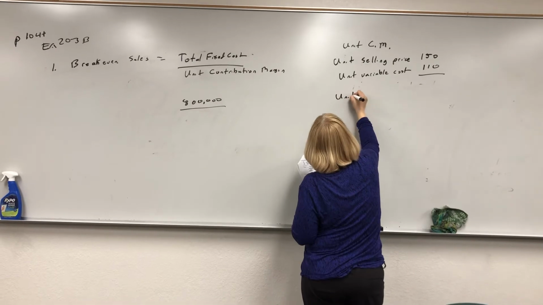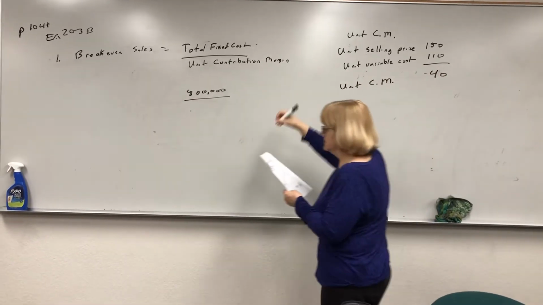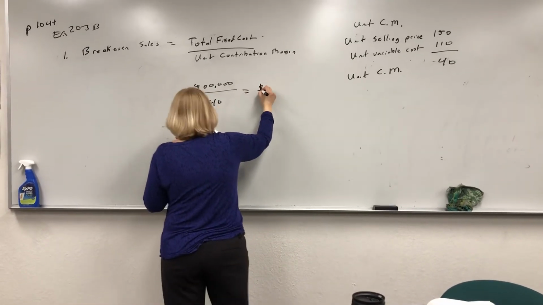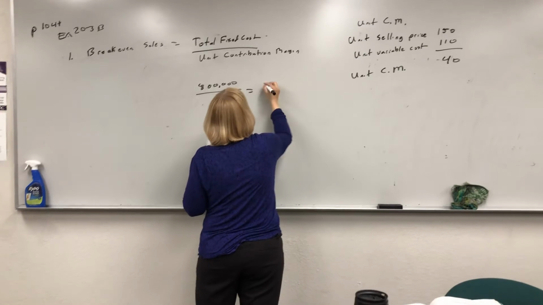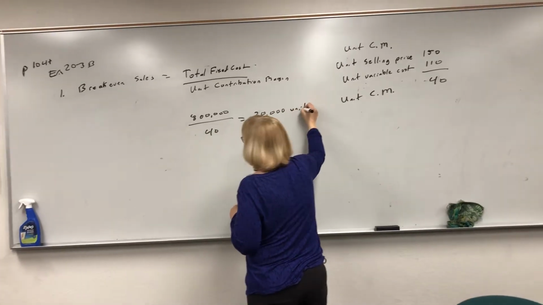So our unit contribution margin is $40. So that's what we'll use over here. So to break even, oops, not dollars. To break even, they have to sell 20,000 units.